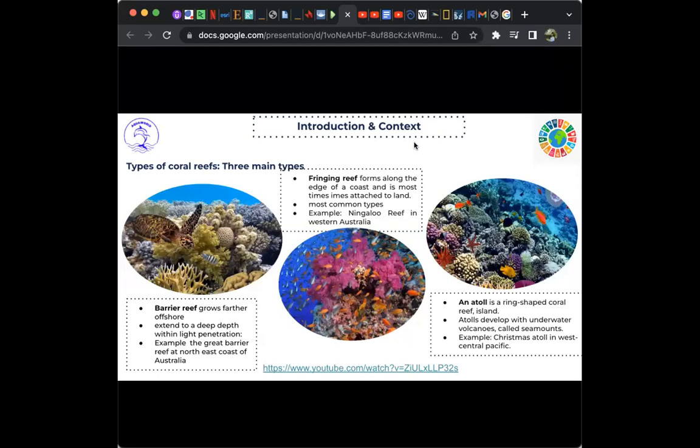Okay, so having shown us the different biodiversity, the beautiful things that can be found in the coral ecosystem, we are now going to look at the effect of ocean acidification on these corals.